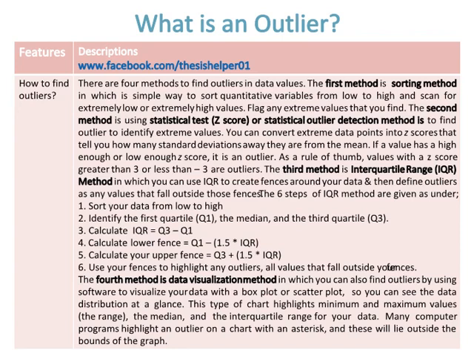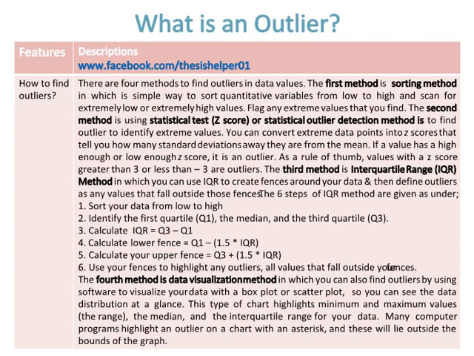Step 4 is calculate lower fence, which is equal to subtracting the product of 1.5 and IQR from Q1. Step 5 is calculate upper fence, which is equal to adding the product of 1.5 and IQR to Q3. Step 6 is use your fences to highlight any outliers, all values that fall outside your fences.